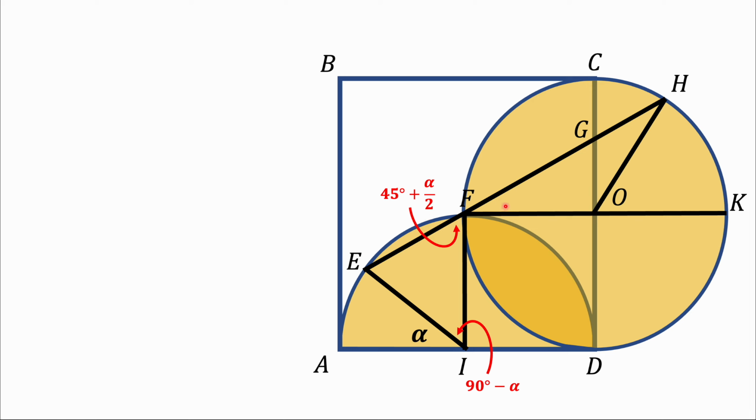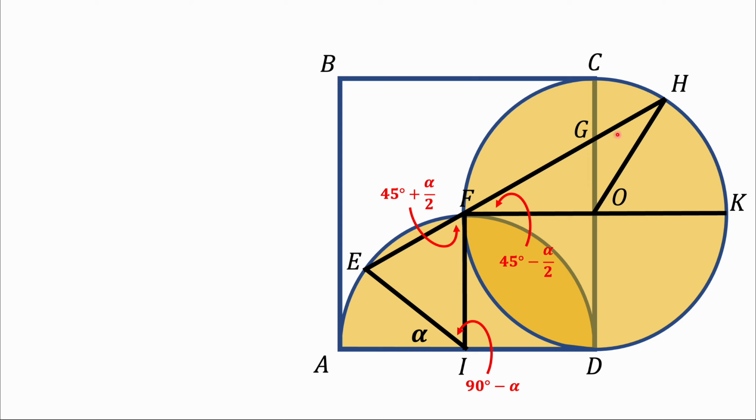That means that the angle right here, angle HFO, should be 45 minus alpha over 2. And that's because the sum of this angle, and this third angle of 90 degrees should be 180 degrees.